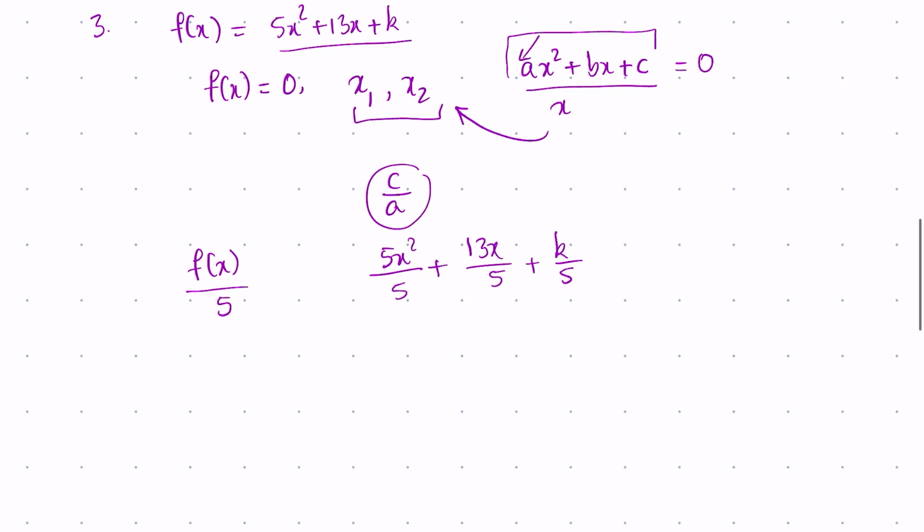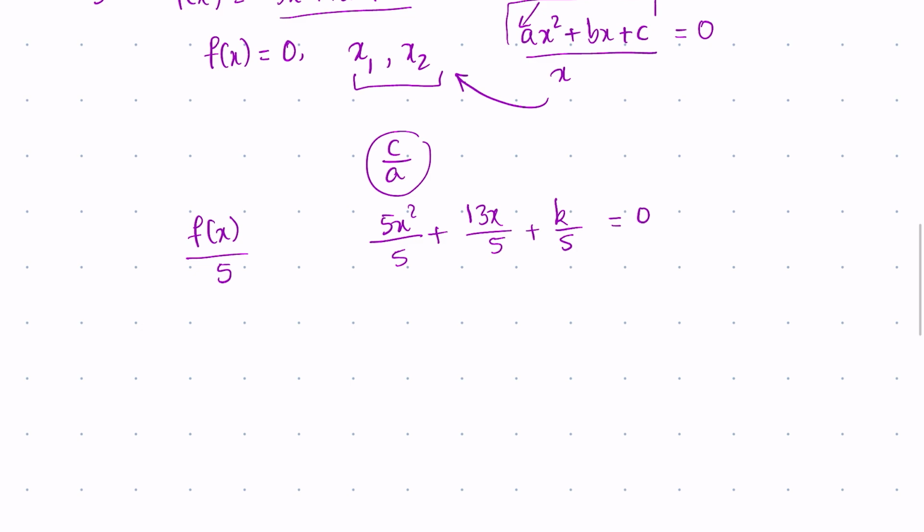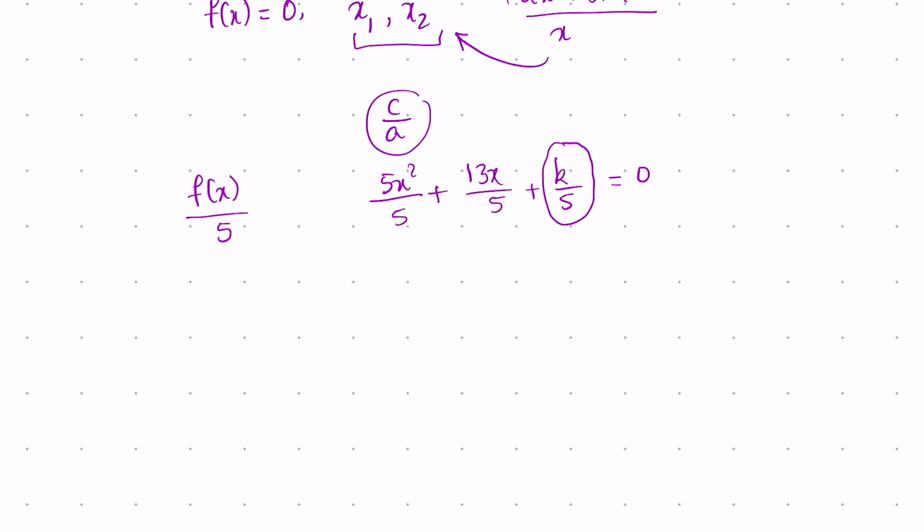So if you set this equal to 0, since the zeros are reciprocals, this term should be equal to the product of the zeros, right? So now if one zero is x1, the other obviously has to be 1 by x1, and x1 cannot be 0.